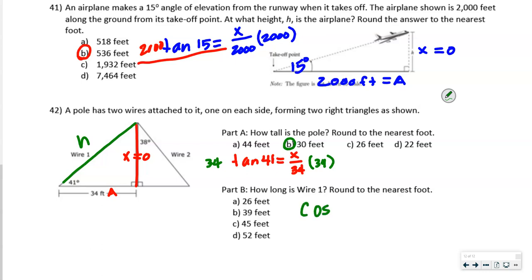So we're going to say the cosine of our 41 is going to be equal to the 34 over our h. I'm just going to call it h this time, okay? So this time we swap the h and the cosine of 41. So h is going to be equal to 34 divided by the cosine of 41. And again, you can put that directly in your calculator. And when you do, it gives you 45.05, which means the answer is 45.